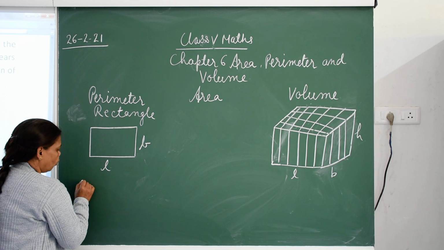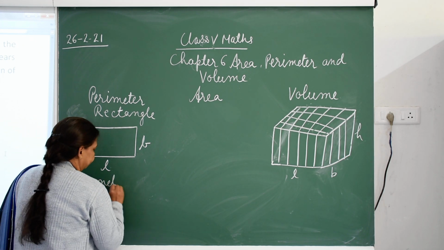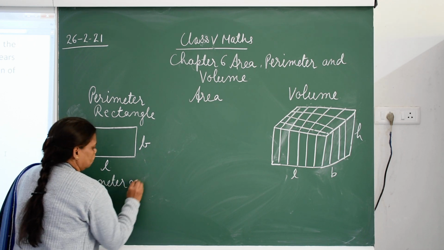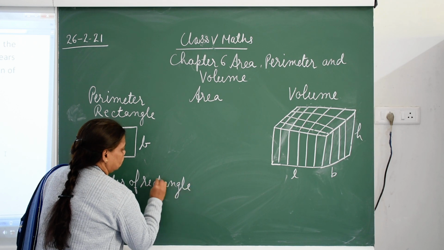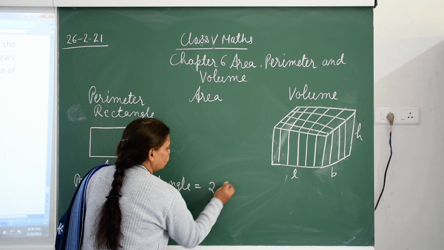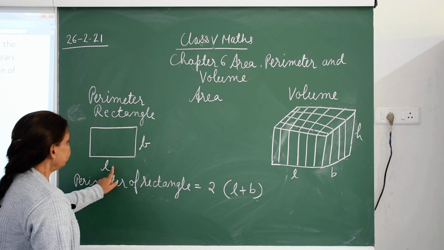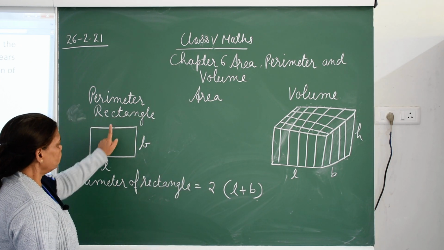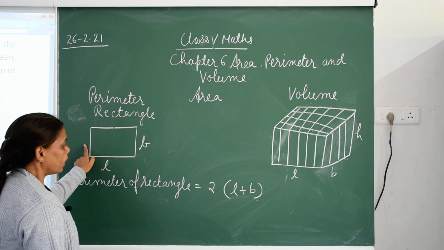So the formula of perimeter of rectangle is equal to 2 times (length plus breadth). Both the opposite sides are equal, length and length are same and breadth and breadth are same.